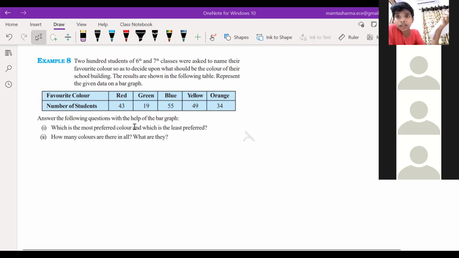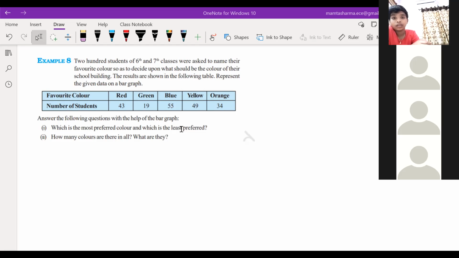Ma'am, what scale should we take? You have to decide the scale. See the lowest number, which is 19, and the highest, which is 55. Since the range is low, you can start from 0, 5, 10, or 5, 10, 15 like this. Take the smaller scale always, so the graph will be perfect.